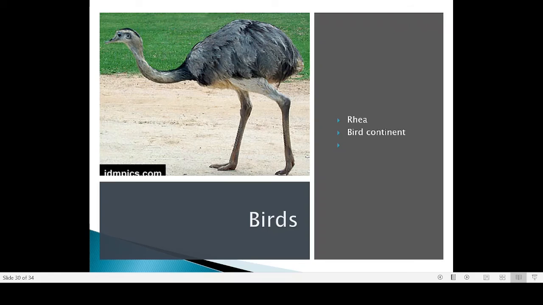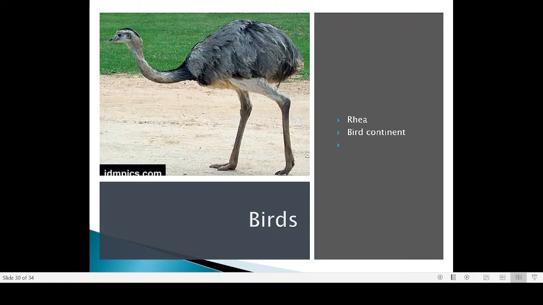It is now a near threatened species because of habitat destruction. It is also a flightless bird, and it is the flightless nature of this bird that is making it nearly threatened. It's also a very tall bird, and heavy, the weight of one bird is around 20-25 kilograms.